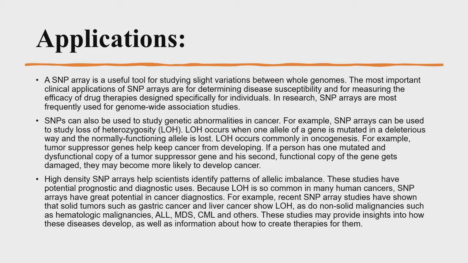For example, recent SNP array studies have shown that solid tumors such as gastric cancer and liver cancer show LOH, and so do non-solid malignancies such as hematogenic malignancies. These studies may provide insight into how these diseases develop as well as information on how to create therapies for them.